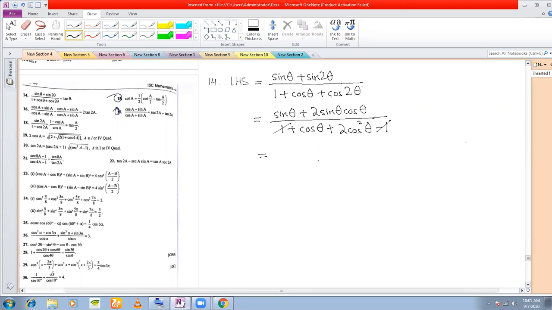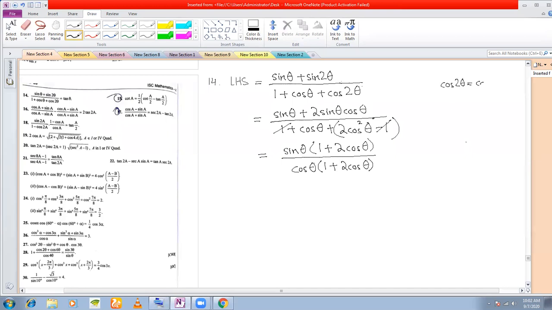The next reason we see in this step: if I take sine theta common in the numerator, I'm getting 1 plus 2 cos theta, and in the denominator, if I take cos theta common, I'm getting 1 plus 2 cos theta. So I'm getting 1 plus 2 cos theta as the common factor. That is why I used 2 cos square theta minus 1. I did not use the other forms.